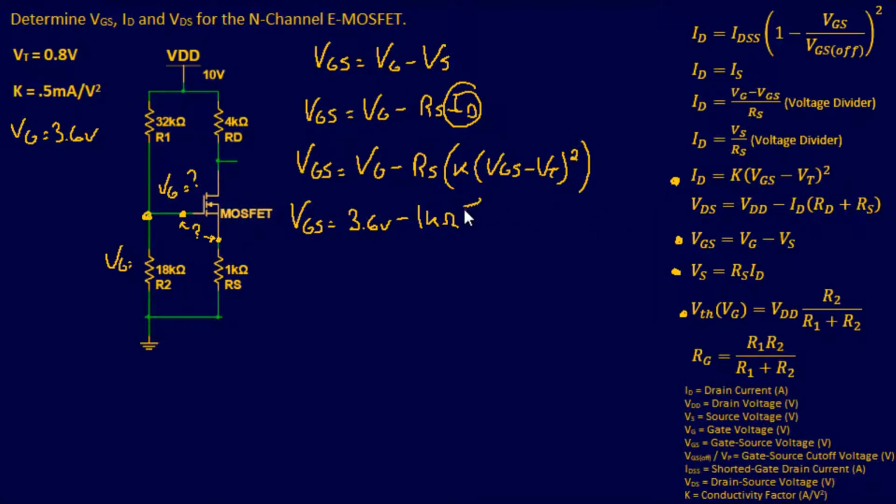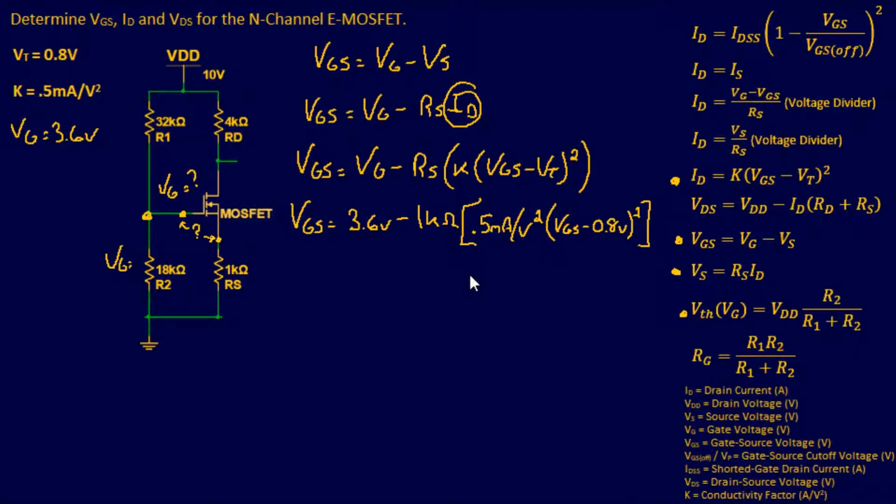And then I'll do a bracket right here. And we have K, which is 0.5 milliamps divided by volts squared. I'm going to take away the units pretty soon, but I'm going to at least fill this one out. Open parentheses, VGS minus your threshold, which is 0.8 volts. Close parentheses, square, and then close bracket.